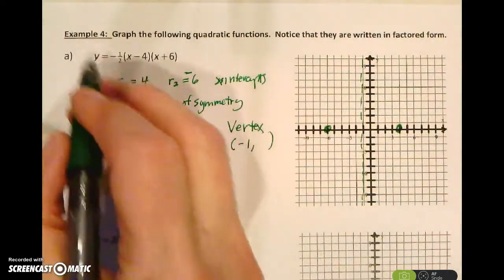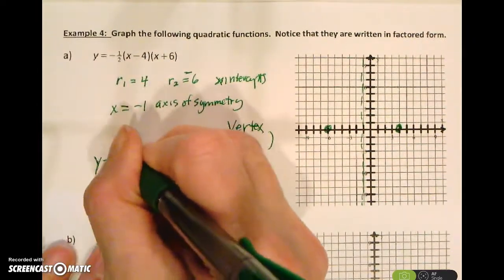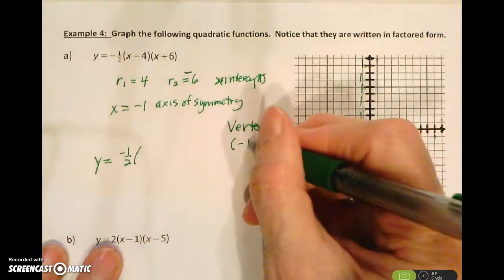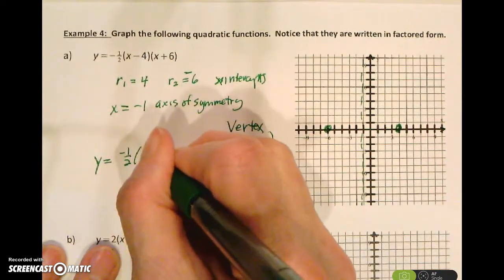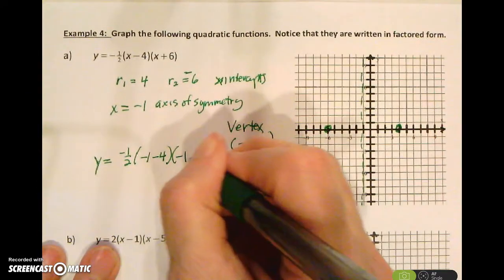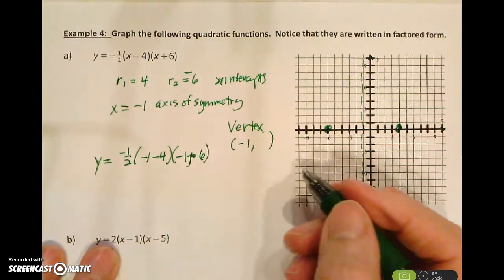So I'm going to then calculate what y is. y is equal to negative 1/2 times x, which in this case is negative 1, minus 4, and x, which again was negative 1, plus 6.